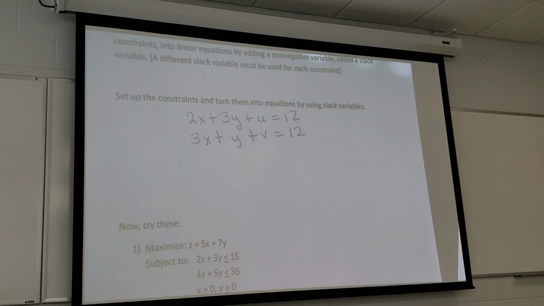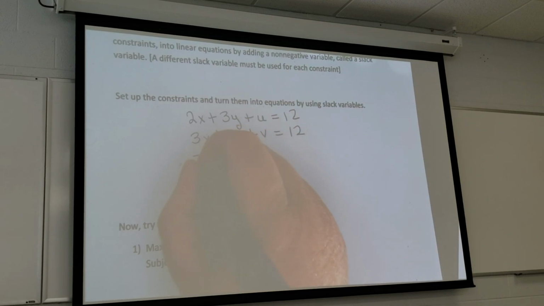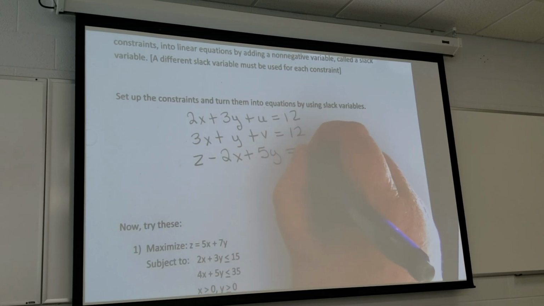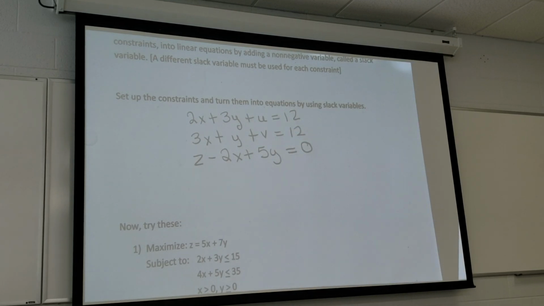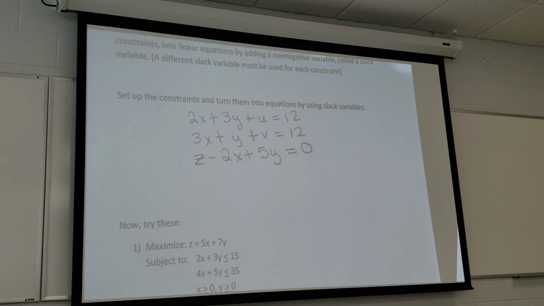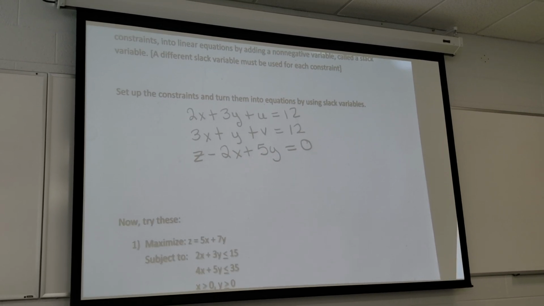Then I have my objective function. What I want to do with my objective function is bring the right side over to the left. So I'm going to have z minus 2x minus 5y is equal to 0. And that is my z. It's like the profit.